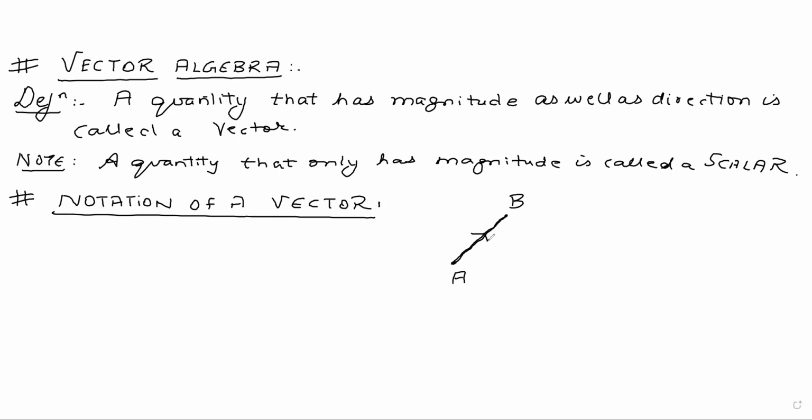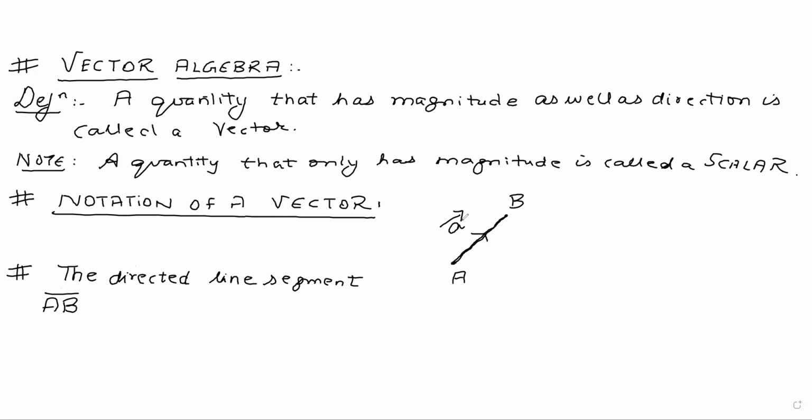So we can clearly see in the above diagram that the directed line segment AB, we write a vector like this, or I can also write it as A with an arrow on the top.